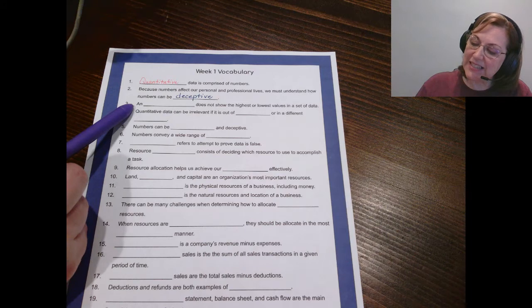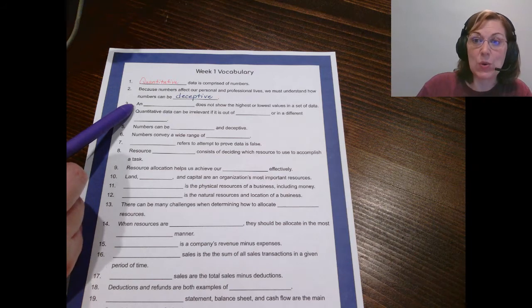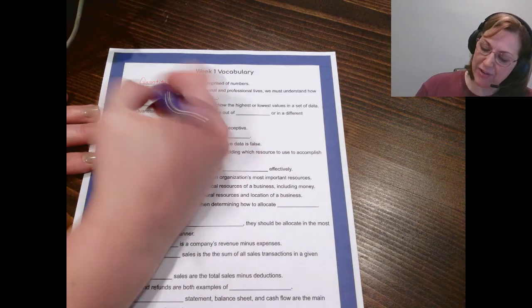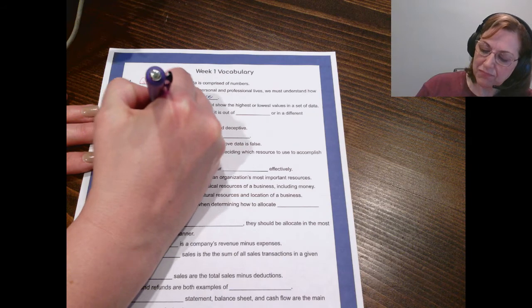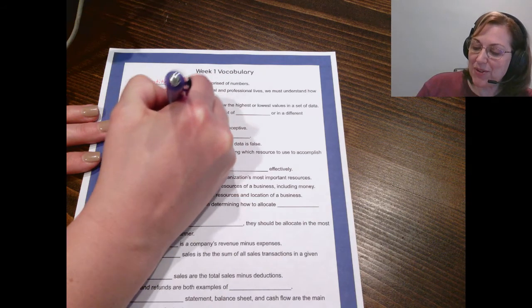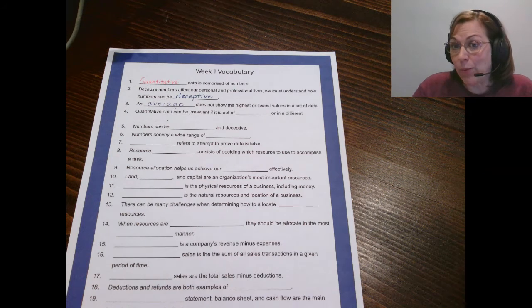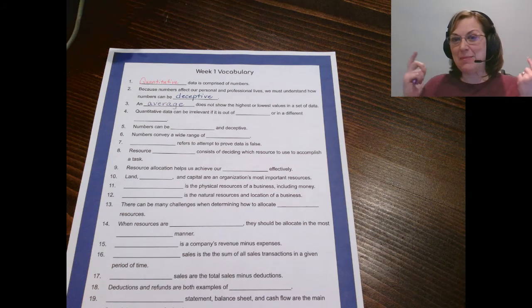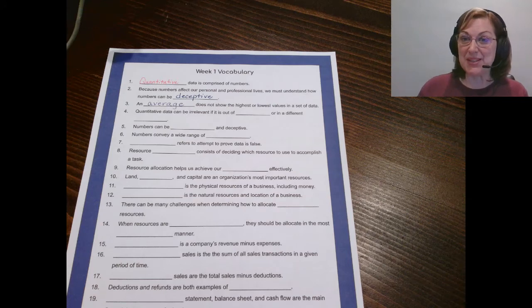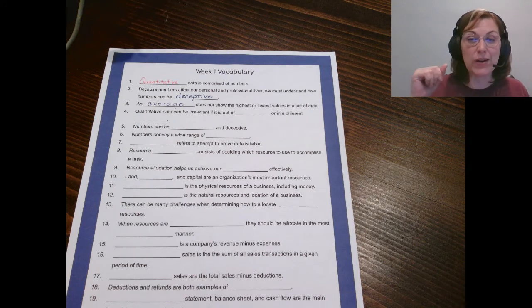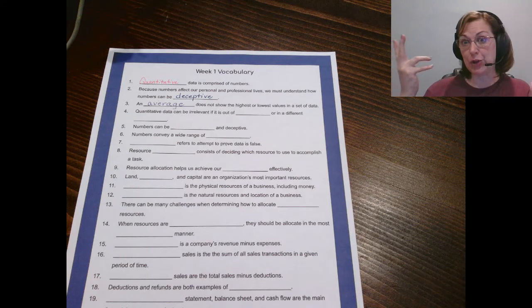A blank does not show the highest or lowest values in a set of data. And this one is an average. So we generally have experience with average in grade school, right? We've all learned to add them up and divide by the number of items there. But one thing that we know about an average is that many times it masks or hides the highs and the low values.